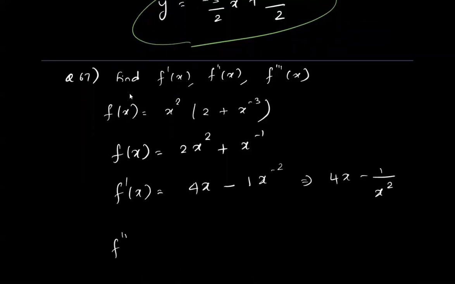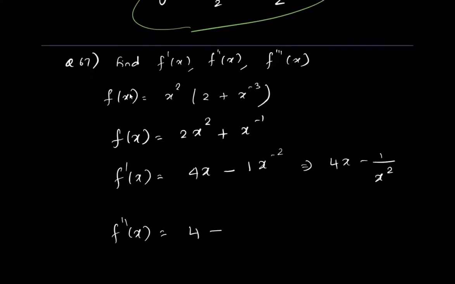So the second order derivative will be 4 minus 1 times -2, which is positive 2 over x cubed, right? Or in other words, let me write it like this: x to the power of -3, which can be written as 4 plus 2 over x cubed, okay?